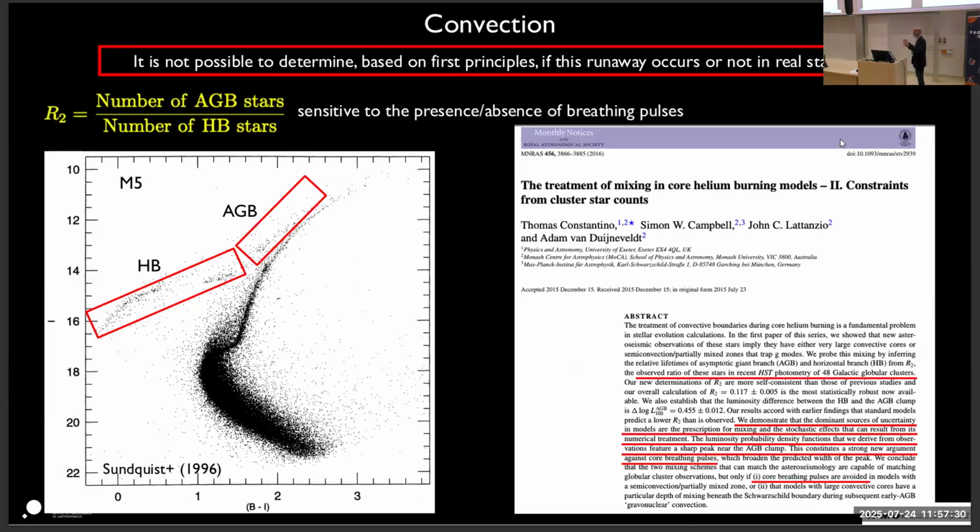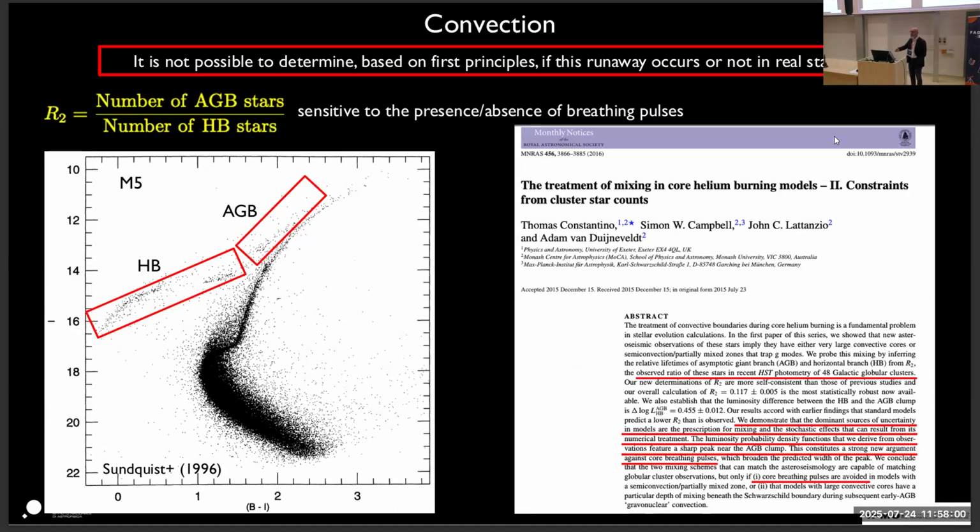We don't have any theory based on first principles to treat this phenomenon. And it's not clear if this phenomenon should be present or not in the stars. So we can be guided by the observations, for example. We know, for example, that the number of AGB stars and the horizontal branch stars in the globular clusters is very sensitive to the occurrence or not of the breathing pulses.